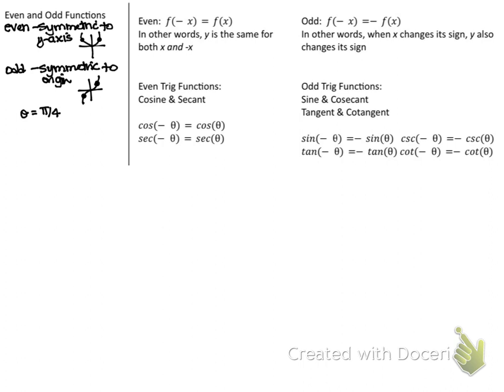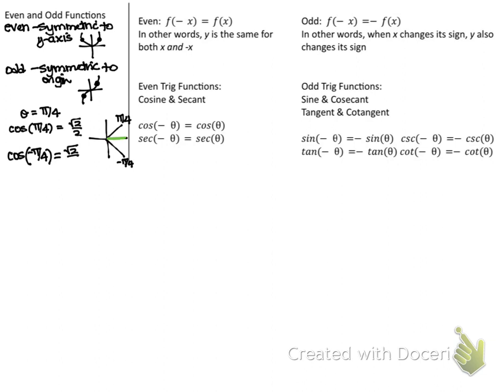So let's say I'm going to do cosine of pi over 4. Now I know cosine of pi over 4 is root 2 over 2. If I take out my little picture here, I know pi over 4 is up there. If something is an even function, if I flip the sign on the angle, so now I'm going down to negative pi over 4, notice that the cosine value, which is the x, hasn't changed.